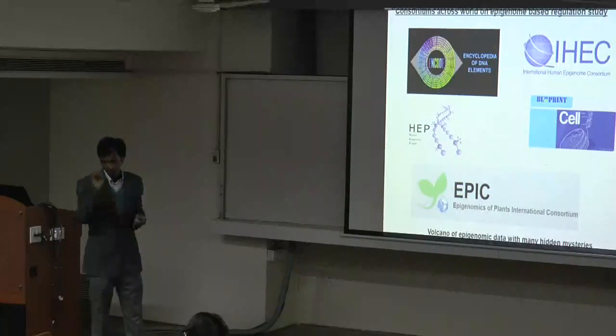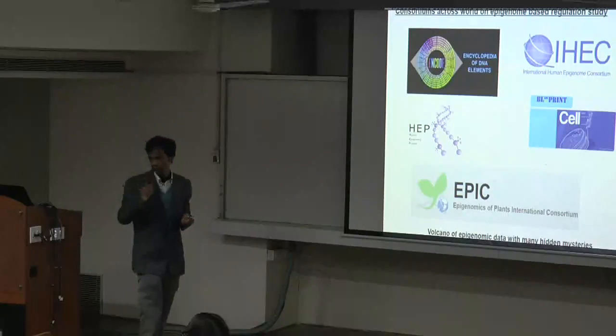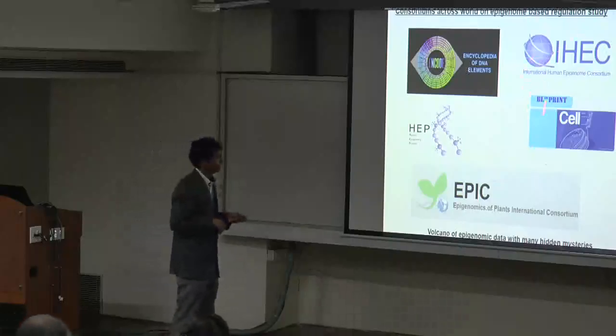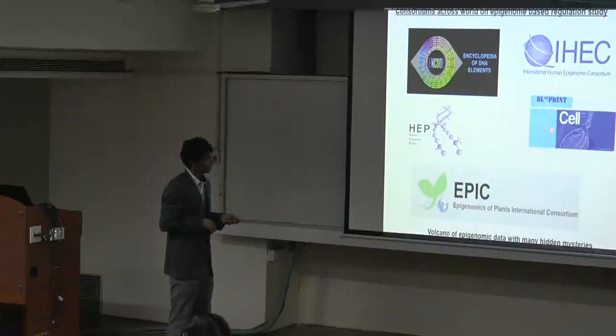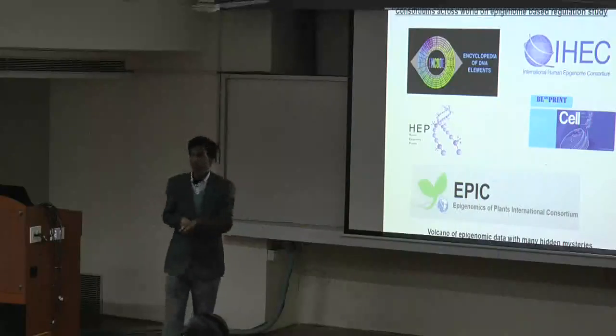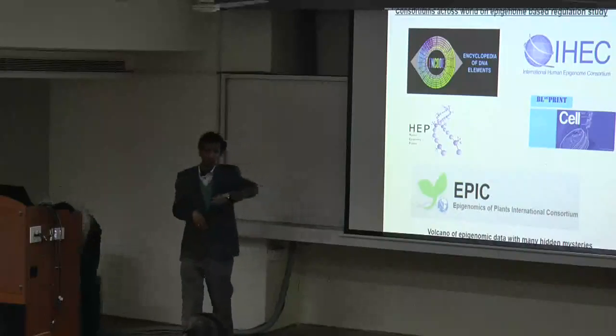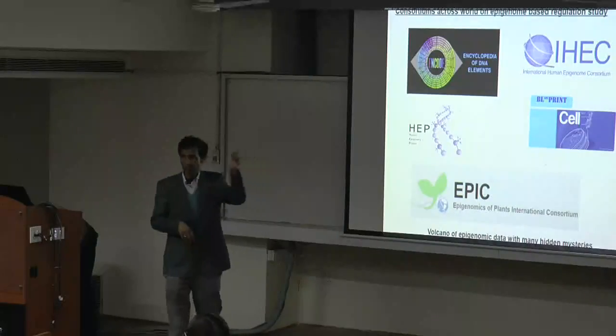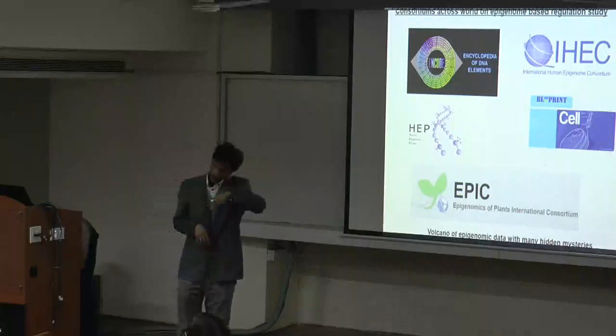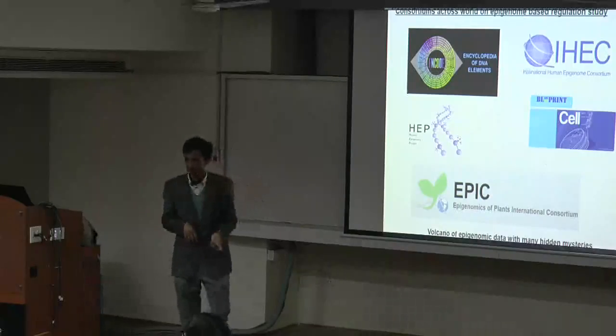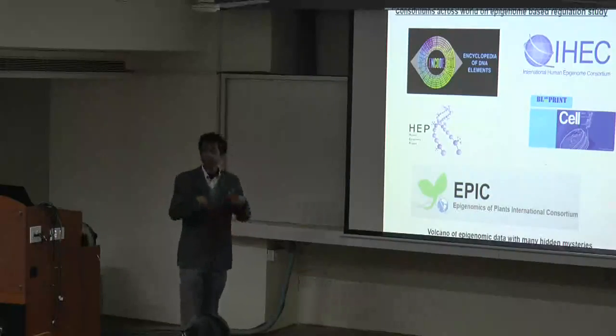This is a primary cell from the human brain. And then IHEC has a sister consortium in Europe. Why I'm telling you, because you guys might be looking for jobs, and you can look at these consortiums and the groups involved in these consortiums, and you can apply for jobs, and also read their papers.